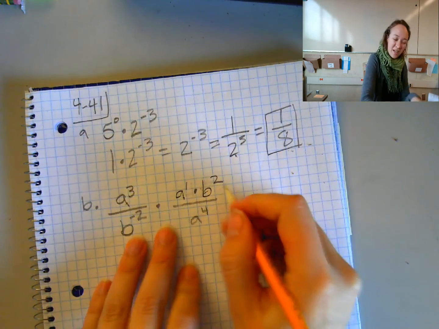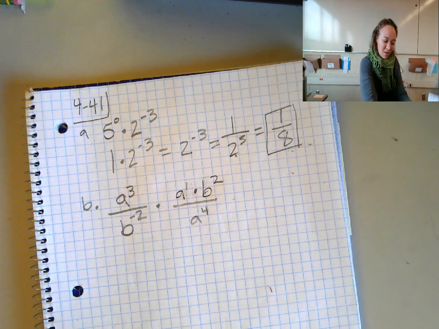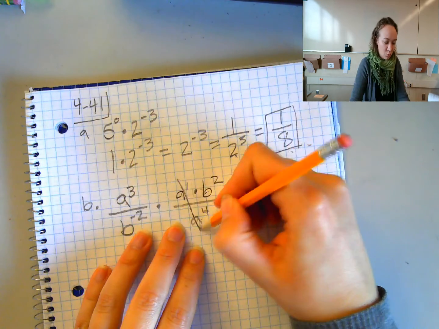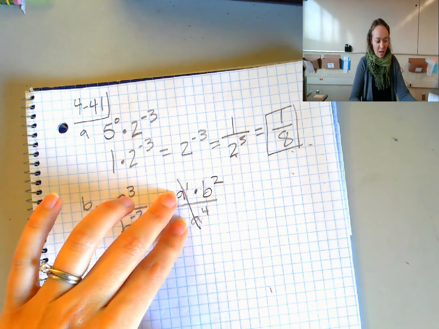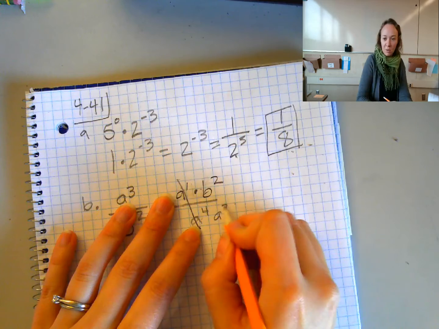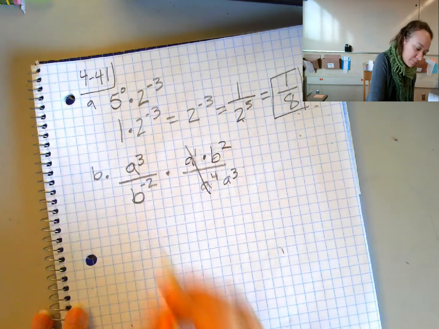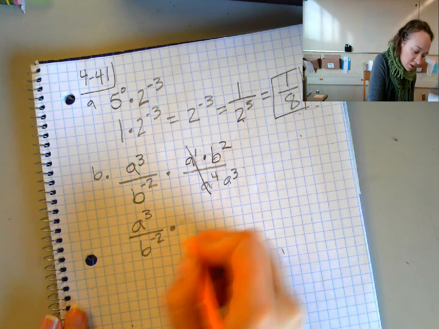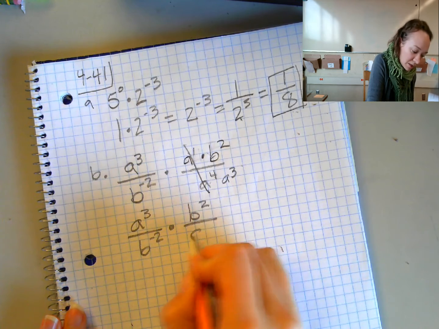Well actually no, maybe I'm going to start by doing a single simplifying move. I'm going to just deal with that right now. So my A up top is gone, and I'm left with an A to the 3rd on the bottom. I'll rewrite it so it looks nicer. A to the 3rd, B to the negative 2, that hasn't changed. B squared, A to the 3rd.